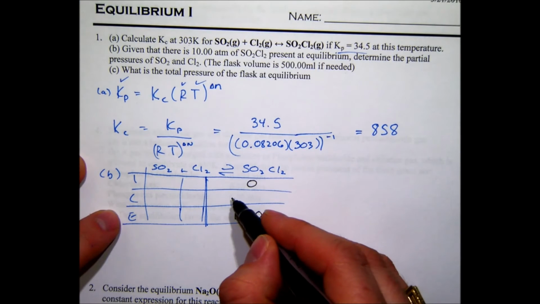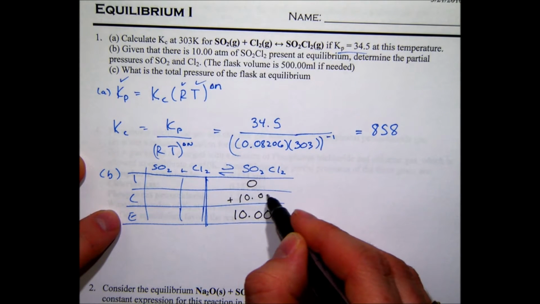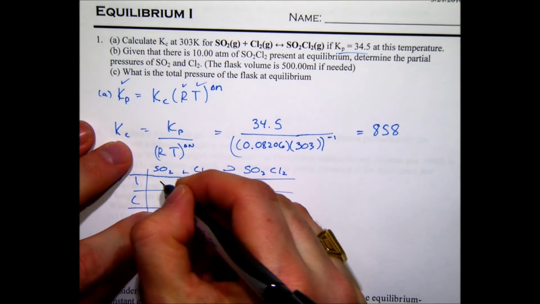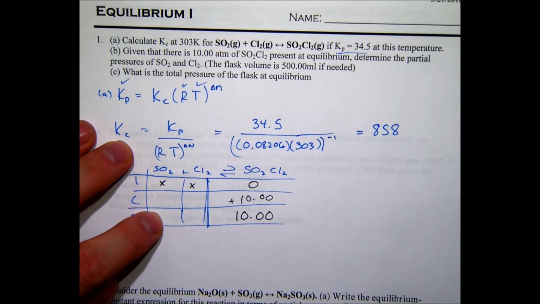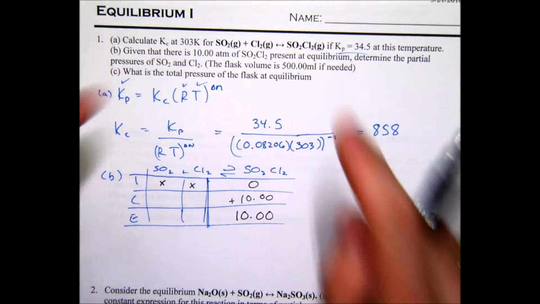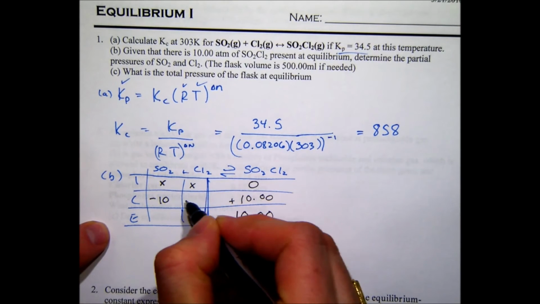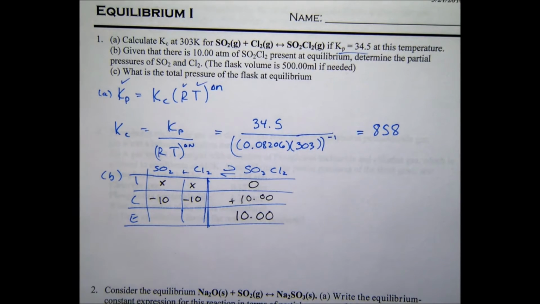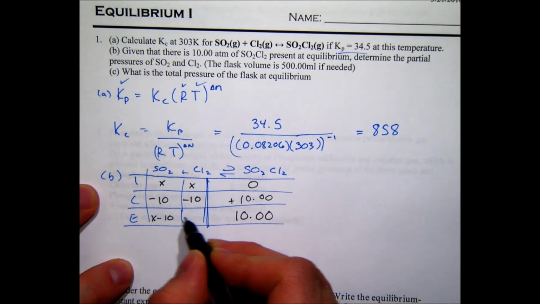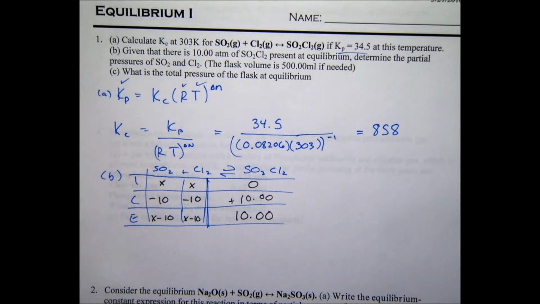And we know then that plus 10 must have been what was formed. We don't know what we started with. We do know the stoichiometry for the equation is 1 to 1 to 1. So we must have lost 10 atmospheres of pressure from both of those. So I have x minus 10, x minus 10, filling in the lines.